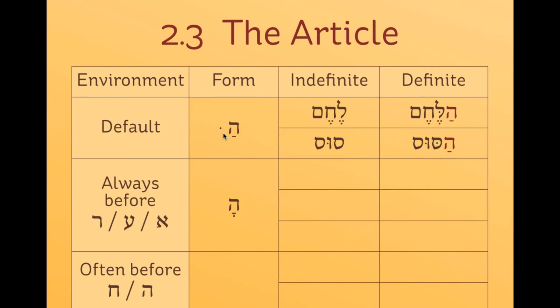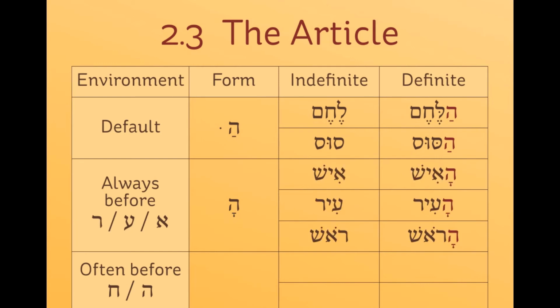So the gutturals, aleph, ayin, hey, and chet, and resh were sounds that could not be doubled. So it wouldn't take the dagesh. And then the previous vowel for 3 of these letters would always compensate by lengthening. So a patach would be lengthened to a kametz.